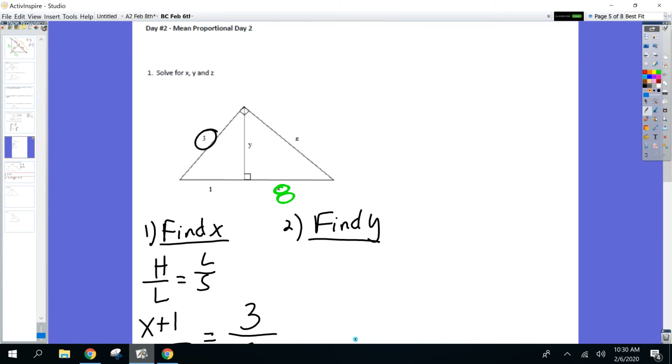S, second, which is 1 over Y equals Y over 8. Okay, there we go. At the end here, your answer? Do I even need to say it?